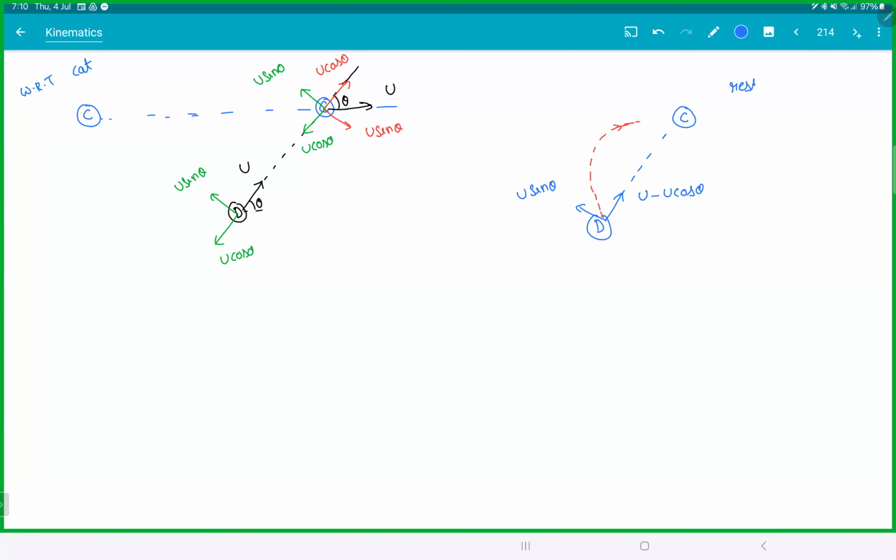So which velocity is responsible? This is your relative velocity along the line joining cat and dog, which is responsible for decreasing the distance. In the previous problem, this was v minus u cos theta. So minus of u minus u cos theta, minus because the distance is decreasing.